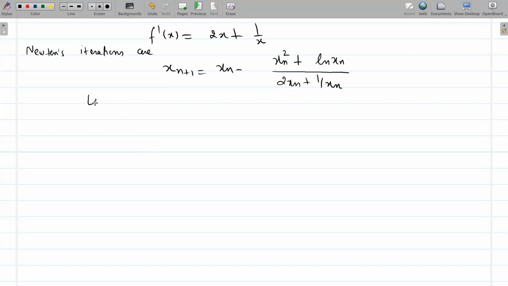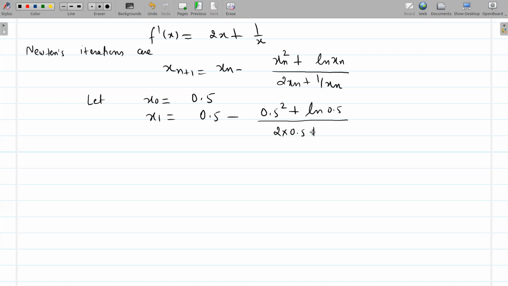So let us start with an initial guess. You can start with 0.1, 0.2. So I am starting with 0.5. Then the first answer is 0.5 minus (0.5 squared plus log 0.5), divided by (2 times 0.5 plus 1/0.5).